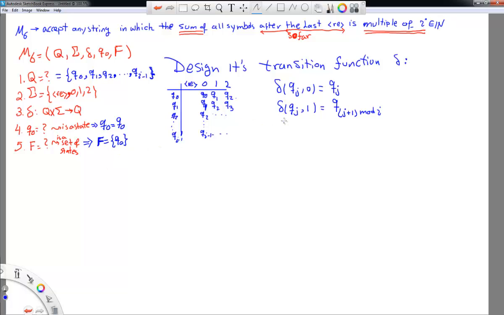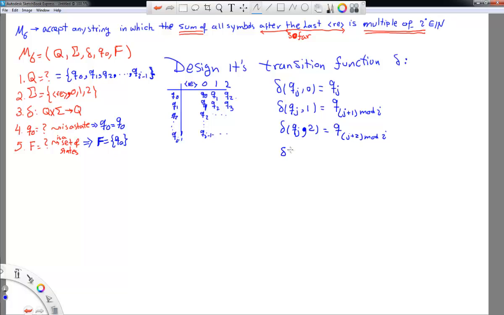Delta of q sub j and 2 is going to be q sub j plus 2 mod I.